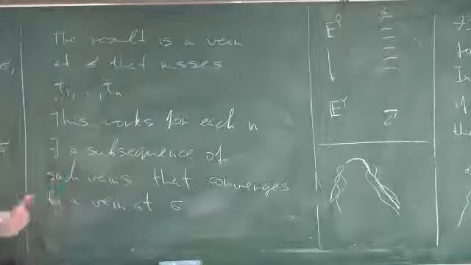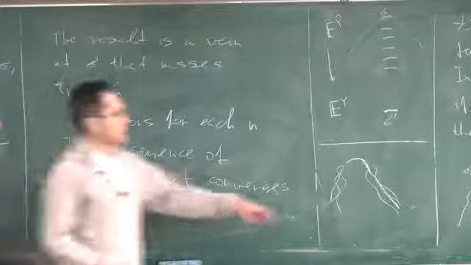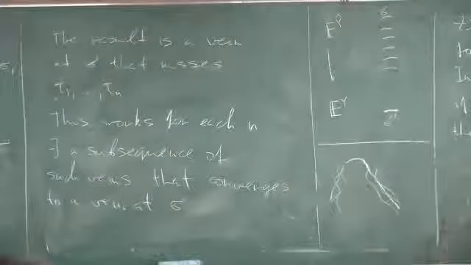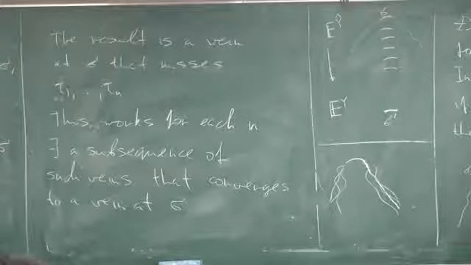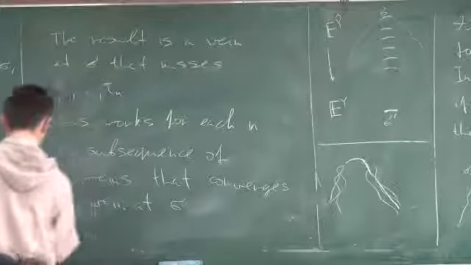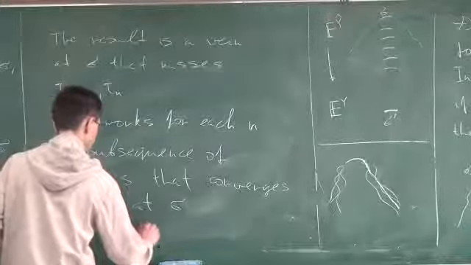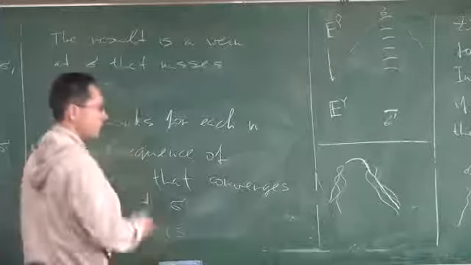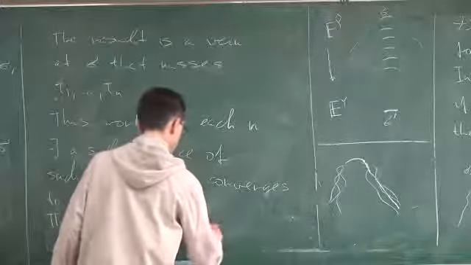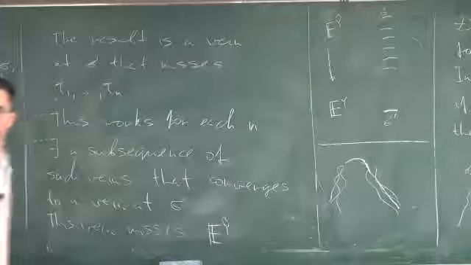But since in the sequence those veins missed bigger and bigger subsets, the limiting vein will miss this whole set. This vein misses all the edges in the essential part of Y hat.